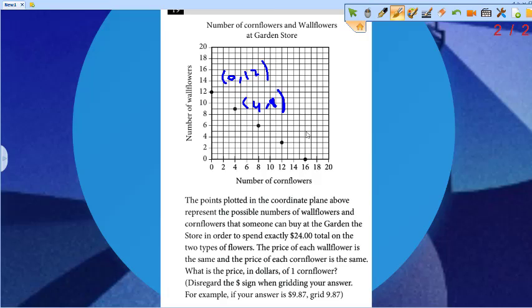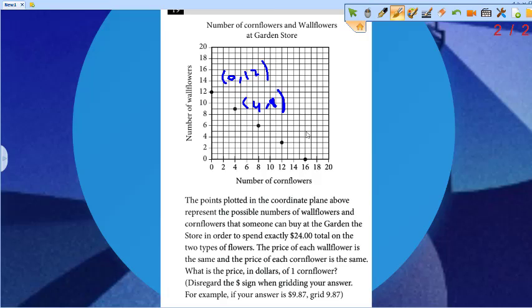Okay, let's see the context. It's written that the points plotted in the coordinate plane above represent the possible number of wallflowers and cornflowers that someone can buy at the garden store in order to spend exactly $24. Imagine in your pocket you have $24.